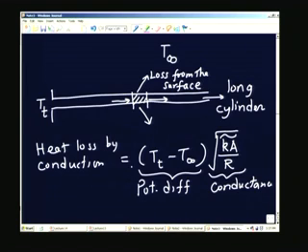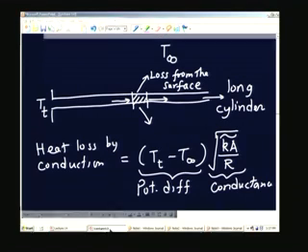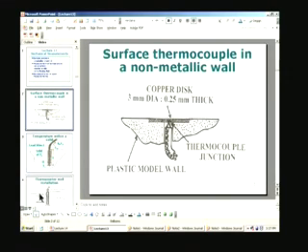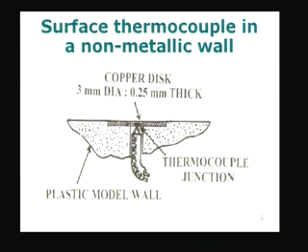That will give some kind of a relationship between the various temperatures which are involved. Let me take just a simple example which was shown in the previous lecture. So, let me just take a simple typical example and see what is happening.